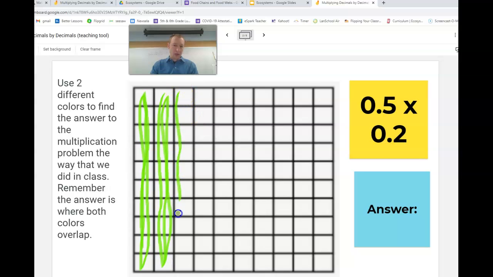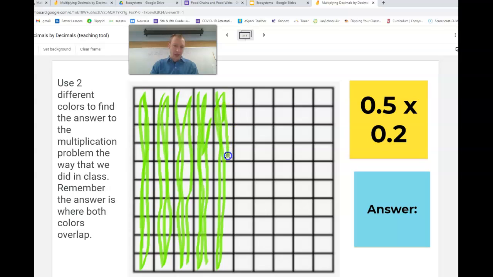Remember, the whole column is a tenth. So here's 3/10, 4/10, and one more is going to be 5/10.